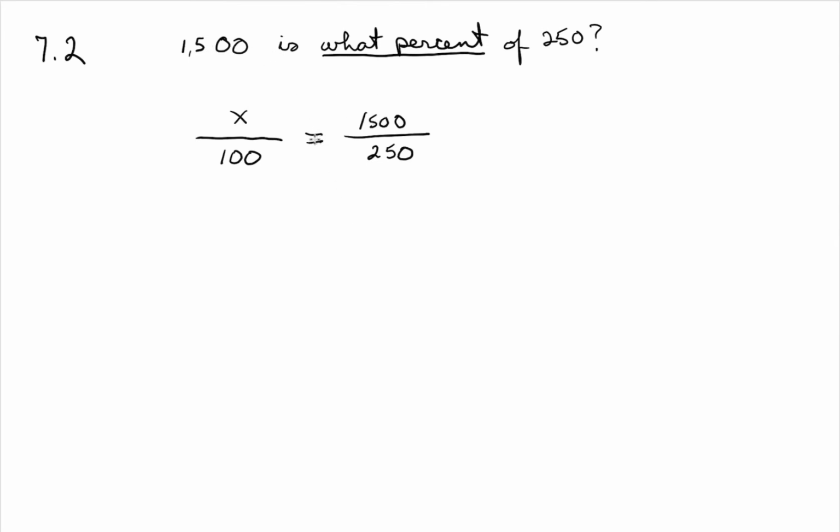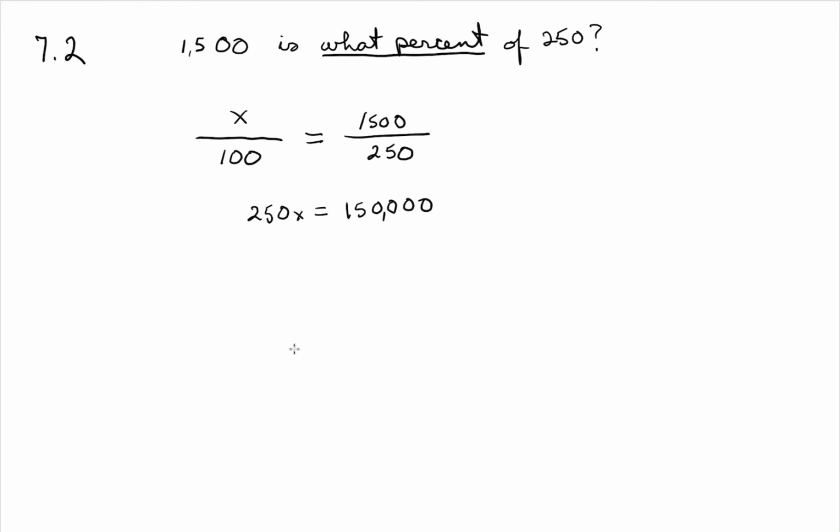1,500 is what percent of 250? We don't know. Let's find out. So X times 250, that's 250X, equals 1,500 times 100. That's going to be 1500 and two more zeros.